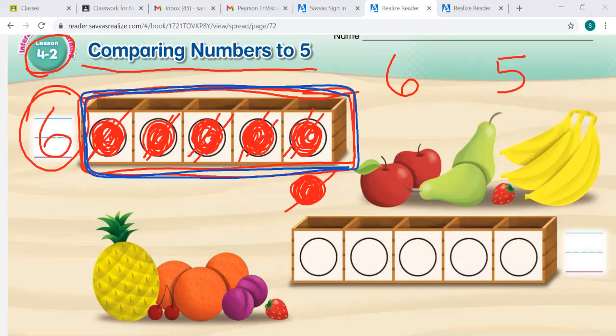All right, let's look at our next 5 frame. Down here in this 5 frame, let's say that Grandma has 3 oranges. Is 3 greater or less than 5? Let's color in 3 counters to show 3 oranges.